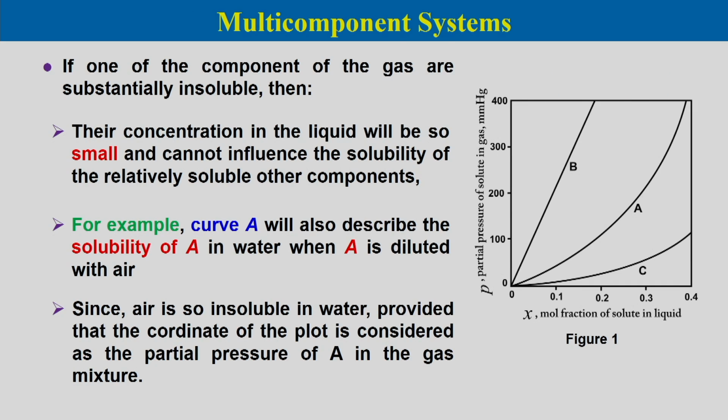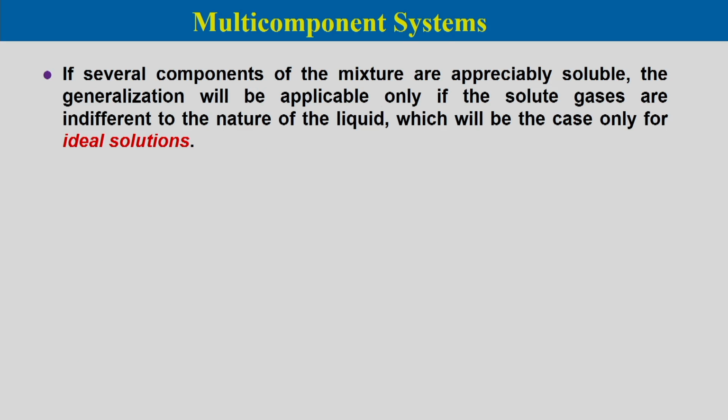Now, if several components of the mixture are appreciably soluble, what happens? The general rules which we have considered earlier, that the equilibrium solubility of a particular component will not be influenced by the presence of other components, only hold when we have one relatively highly soluble gas and the other gases are relatively insoluble.